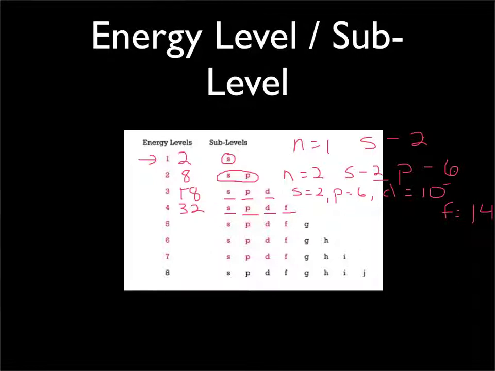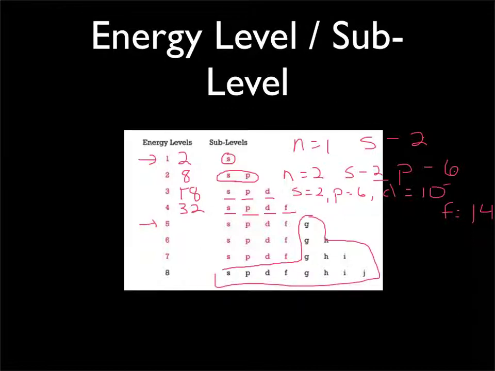It's important that you know this stuff. In the first level, how many sublevels are there? There's one, and that sublevel is S. Then in level 2, it's S and P. In 3, it's S, P, and D. In 4, it's S, P, D, and F. Theoretically, in 5, it could be S, P, D, F, and then G. But these levels in black here, we don't really have any electrons in.